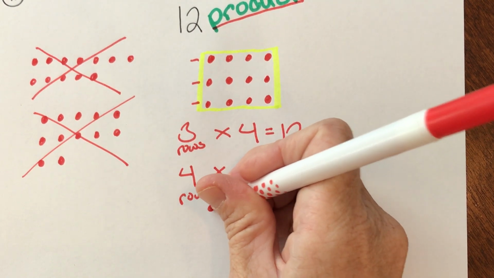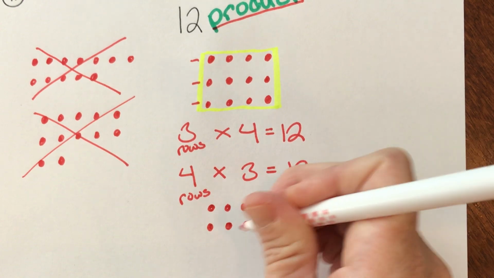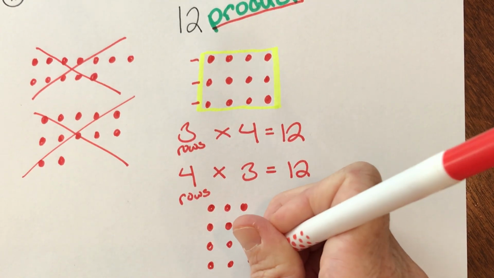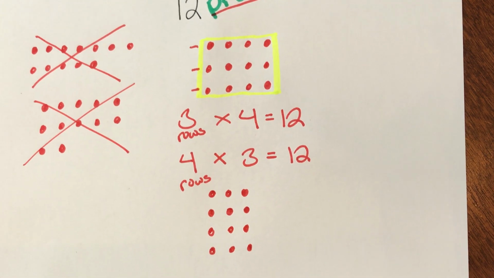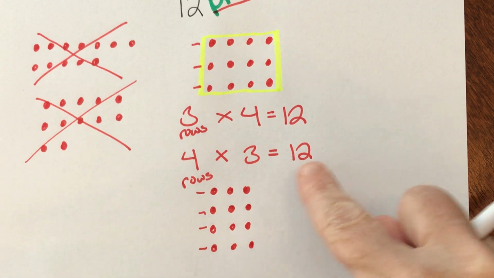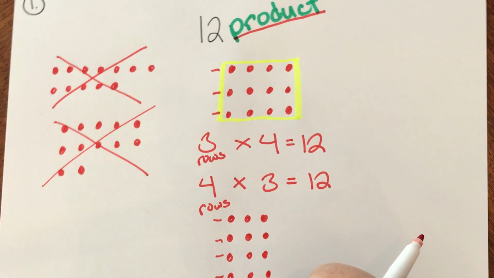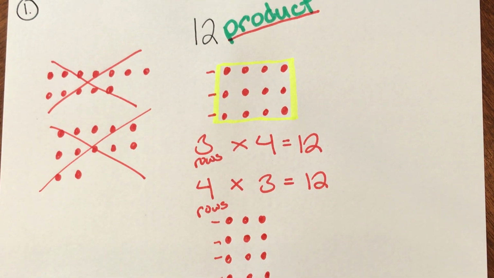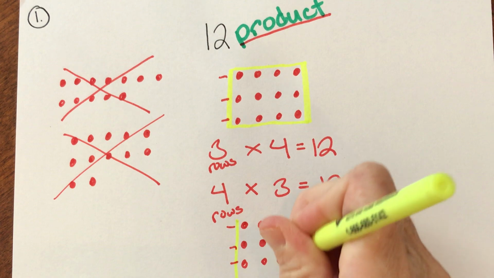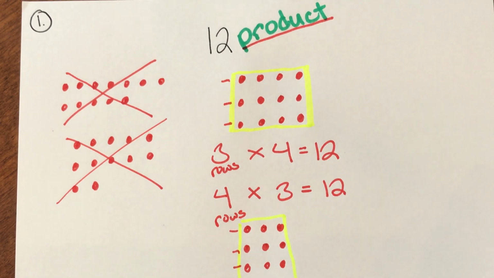So let's try that. 1, 2, 3, 4, 5, 6, 7, 8, 9, 10, 11, 12. So I have 1, 2, 3, 4 rows of 3, and I still came up with 12. That's what my commutative property says. Okay, and then remember when you do these, you have to have an array that has a nice box shape.